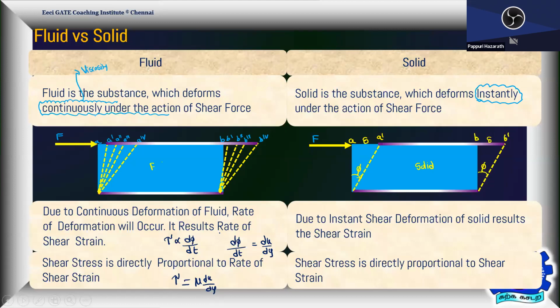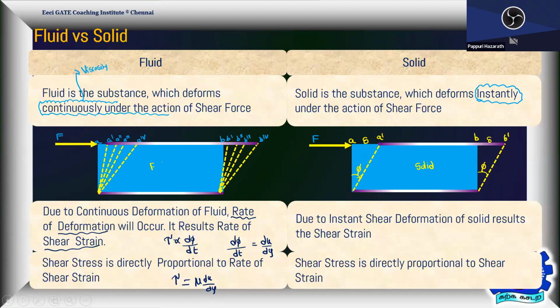See, Newton's law comes from the definition of the fluid. Fluid is nothing but continuous deformation takes place under the action of shear force. Due to continuous deformation, rate of deformation will occur. Rate of deformation results in rate of shear strain.